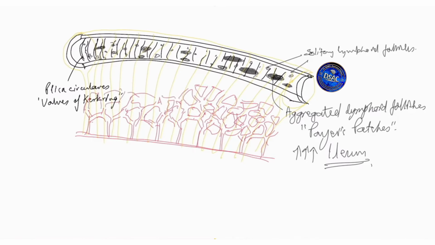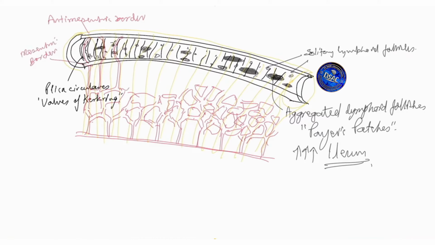Now what happens is, from these arcades towards the mesenteric border of the small intestine, there will be vertical or straight vessels reaching up to the small intestine alternately on the two sides. One will reach from the opposite side towards this; this border is called the anti-mesenteric border, and this border is called the mesenteric border.